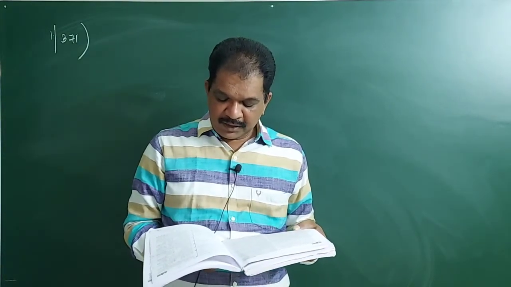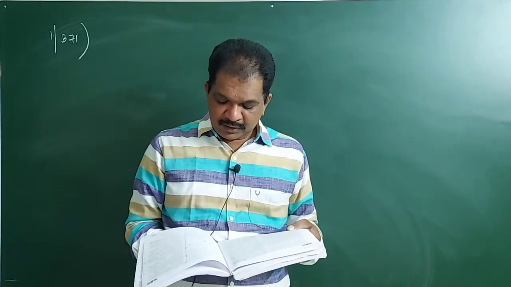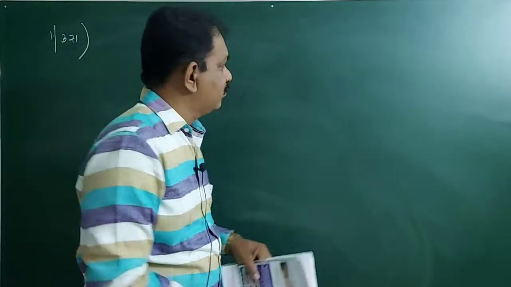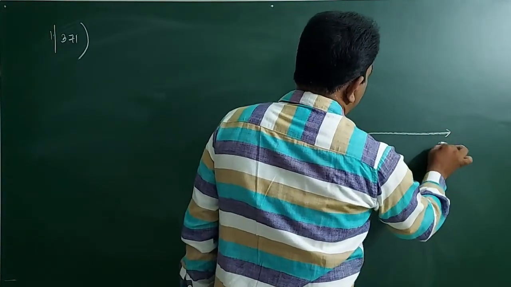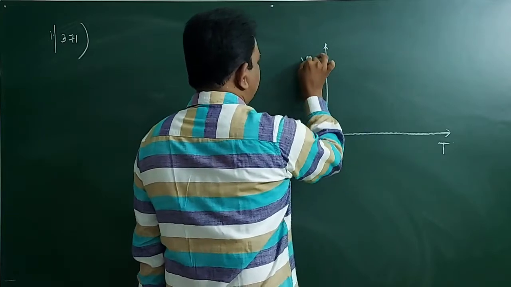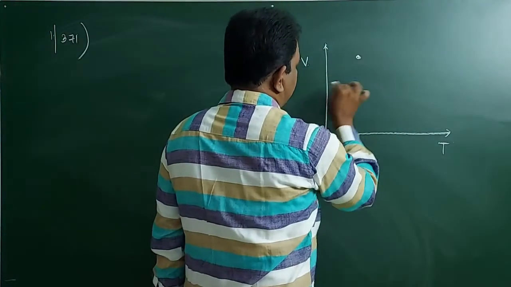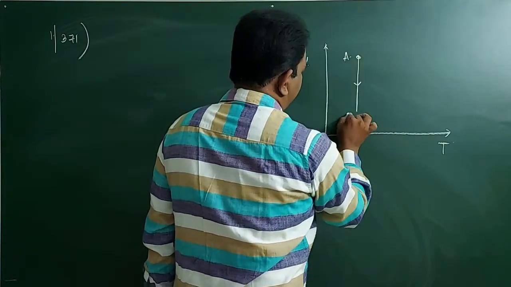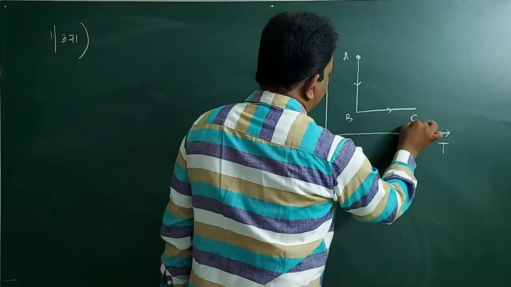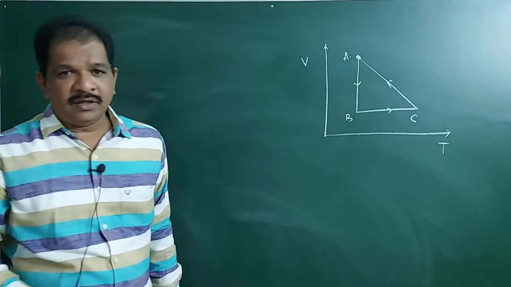If the pressure at A is P naught and volume is V naught, then about the internal energy: here temperature, here volume. The gas is brought from A to B, later B to C, and again taken to A.